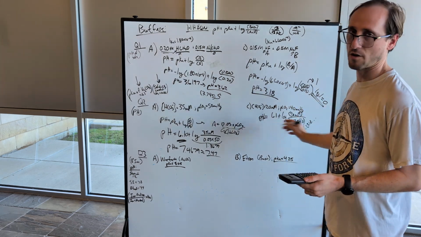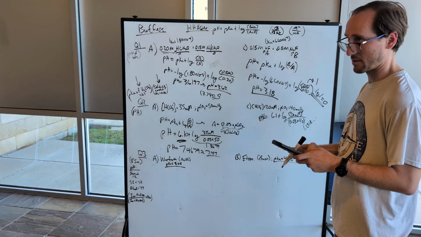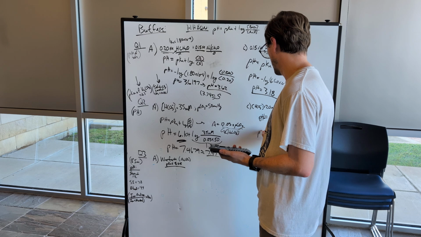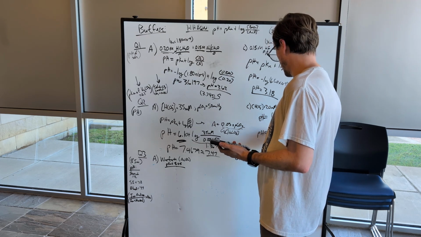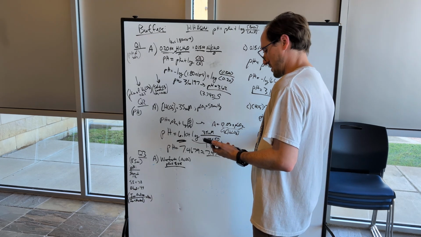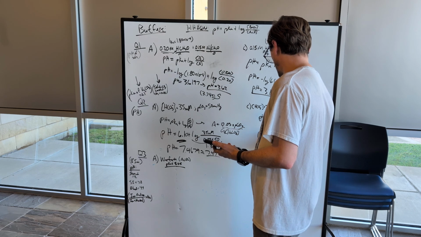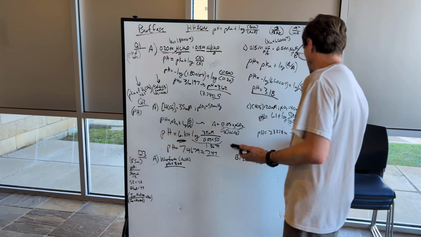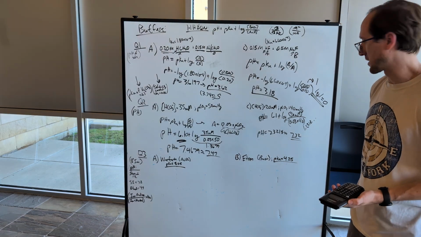Don't worry about the extra decimals, because once again, we're not going that in depth. Plus 6.1 gives us a pH of 7.3218, which is approximately 7.32 for total pH on that.